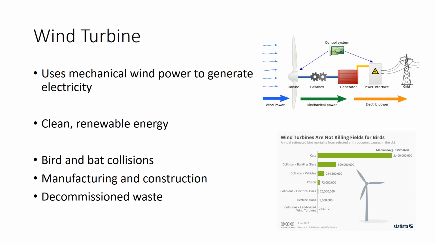It's clean and renewable when it's being used. However, manufacturing and construction is an issue in terms of emissions. Unless we're using renewable energy to make them, we do have to use energy to make them.